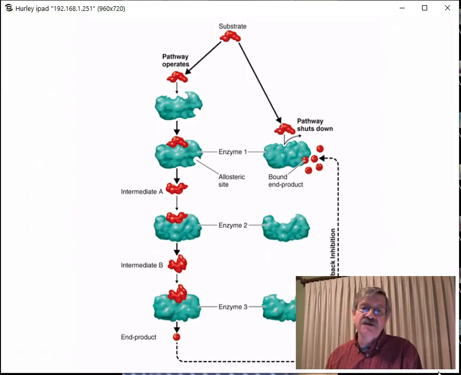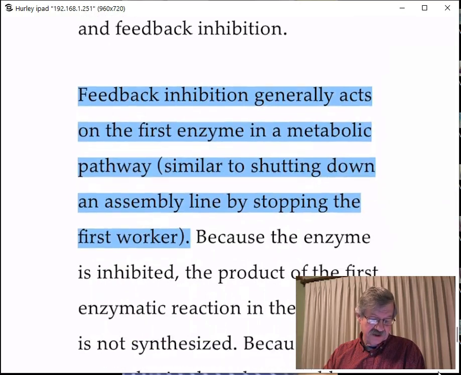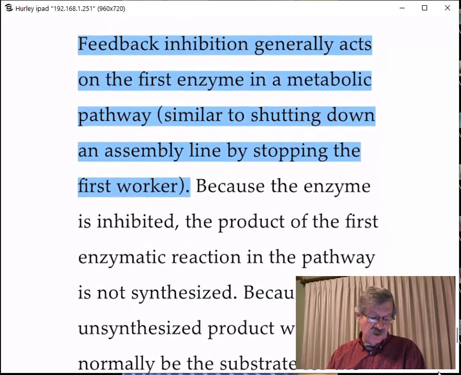Almost all activities that occur in, whether it's a human, a plant, or a bacterium, occur by means of metabolic pathways, and almost all metabolic pathways are controlled by this feedback inhibition. Real neat system. Normally, it's going to be the first enzyme in the pathway that is shut down by this process.